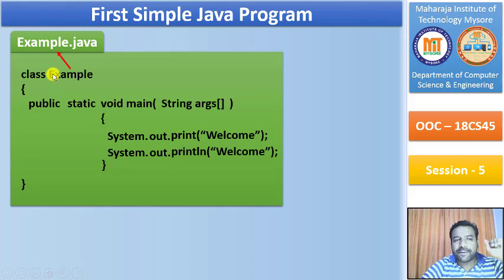If it is uppercase, it should be uppercase. If it is lower, it should be lower. Hence, Java is also a case sensitive language. Whichever class contains the main function as the member function, that same name should be the name of your Java file. This is not a coincidence, this is a rule.